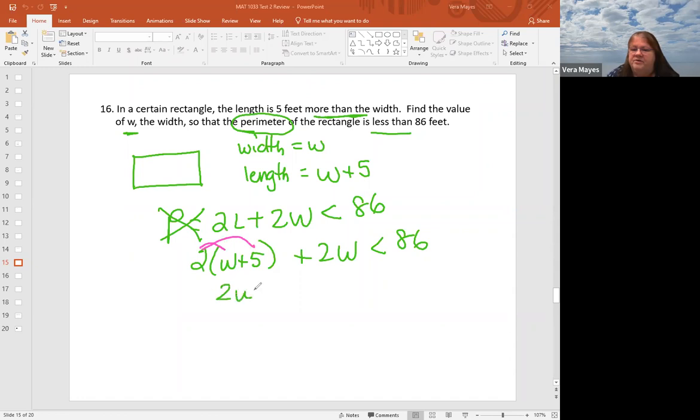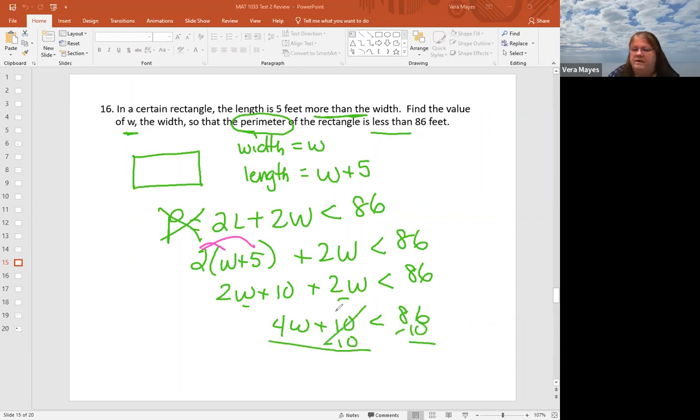So I get 2W plus 10 plus 2W less than 86. Add up these two like terms. We get 4W plus 10 less than 86. Go ahead and bring the 10 over. Cancels there. So we have 4W less than 76.